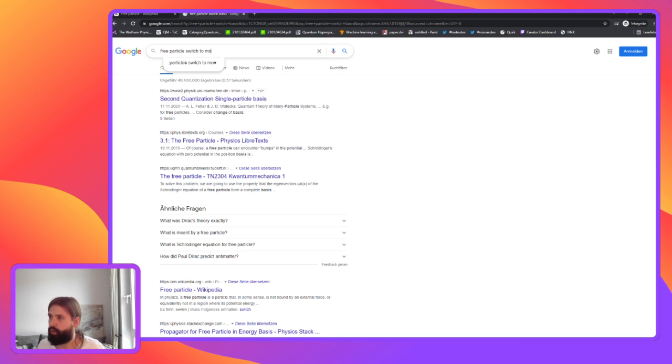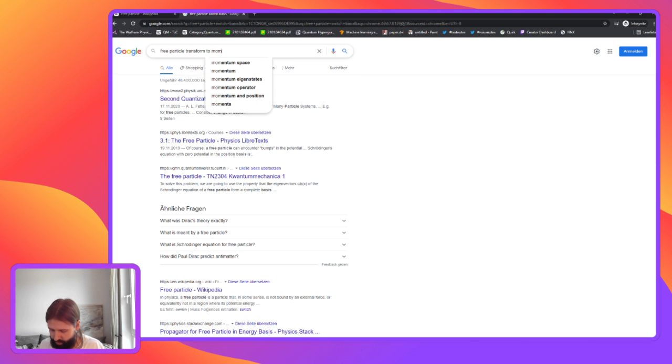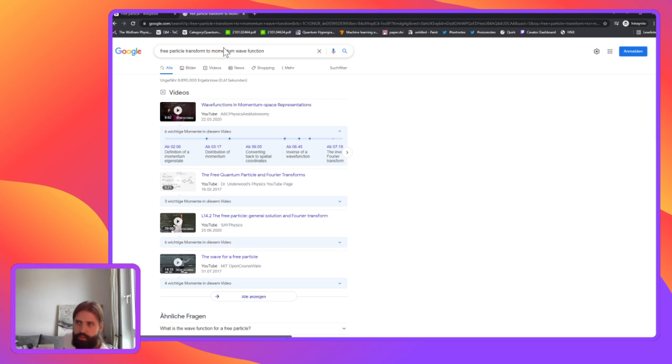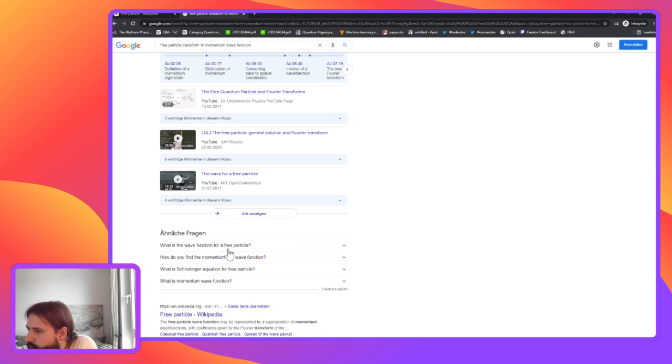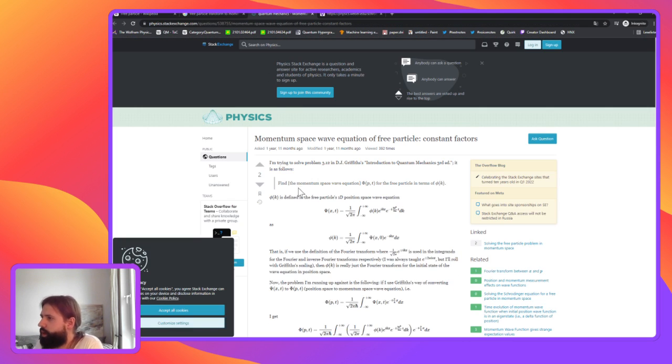Switch to, or transform to the momentum wave function, something like that. Free particle momentum space. Momentum, yeah, I think that's what we have to do, right?